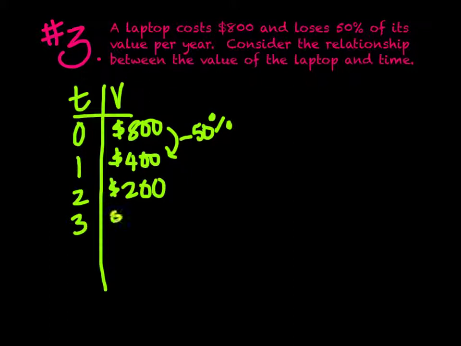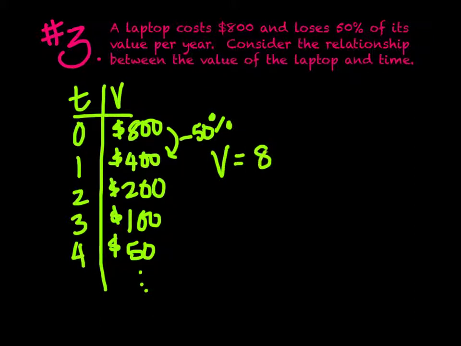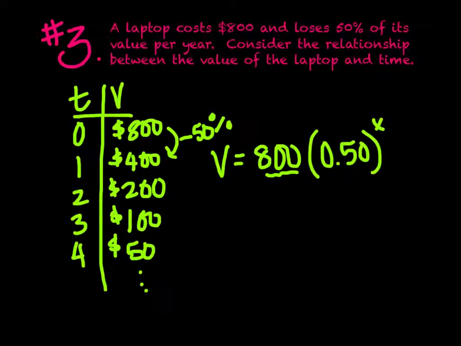In 3 years, again, 50% decrease, $100. In 4 years, we got $50. So this obviously could go on for a while. We could essentially say that the value of this laptop, while it starts at $800, there's my y-intercept, it's decreasing by 50%. So this is an ideal exponential relationship.